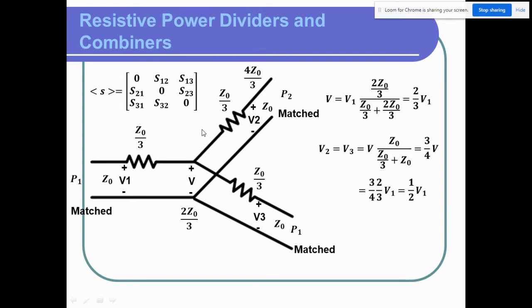If we follow the voltage divider law, we get V by multiplying V1 with this divided by this plus this. So with this we get 2 by 3 V1. It means that 1/3 of the power is dissipated here.